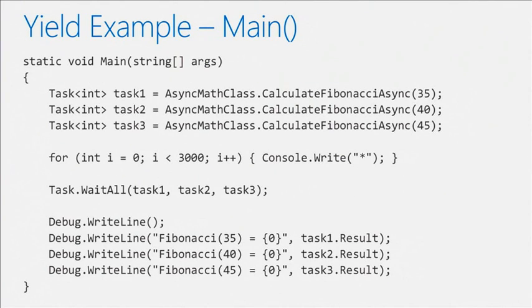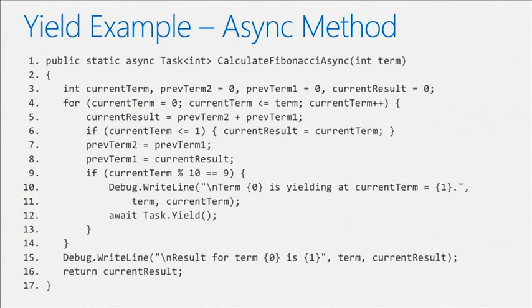So here's an example. We kick off 3 asynchronous Fibonacci calculations, and we spin around in a loop for a while, and then we wait for them all to finish. The yields are in the asynchronous method. Here I've rewritten the Fibonacci algorithm to no longer be recursive, so it'll be much faster, but it's in a loop, and I want to make sure that they all get a chance to run concurrently.